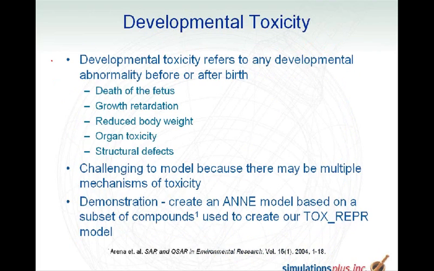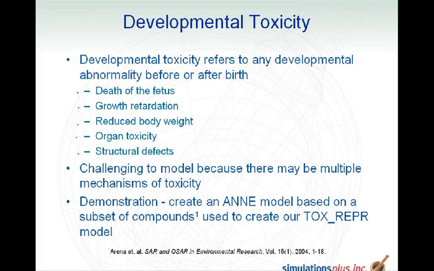Okay, so I just want to demonstrate creating an artificial neural network ensemble model of developmental toxicity. Developmental toxicity refers to any abnormality before or after birth of the developing species. This could include the death of the fetus, growth retardation, reduced body weight, organ toxicity, or some kind of structural defect, some kind of birth defect.